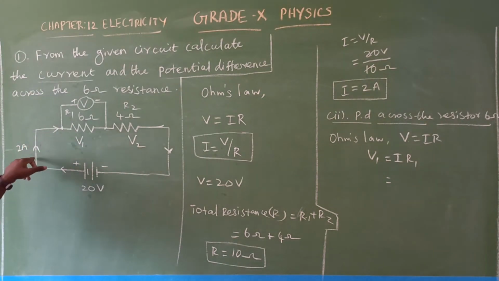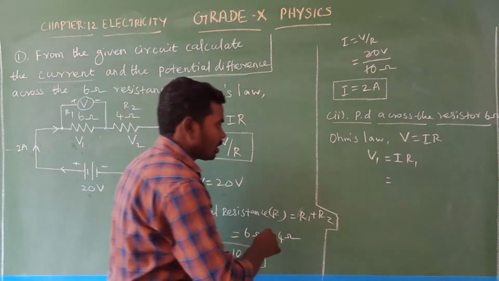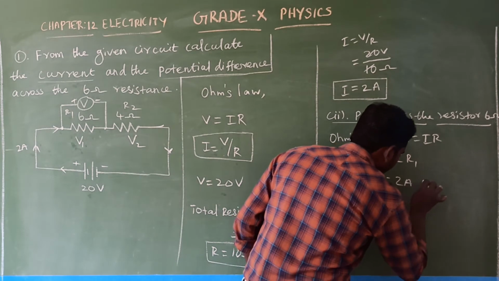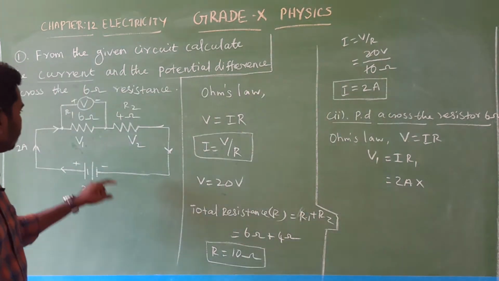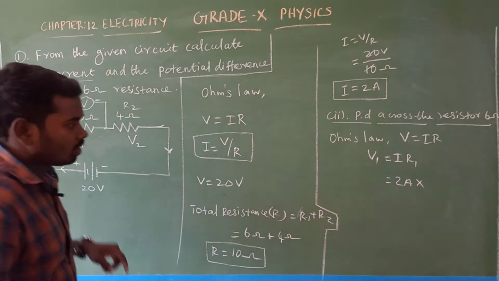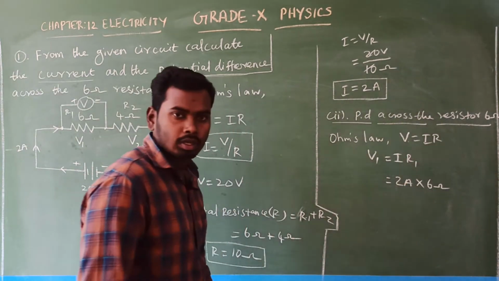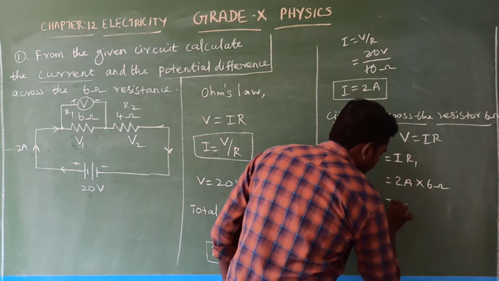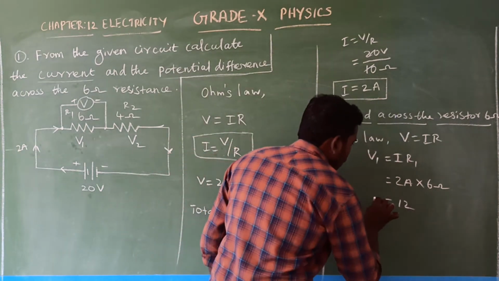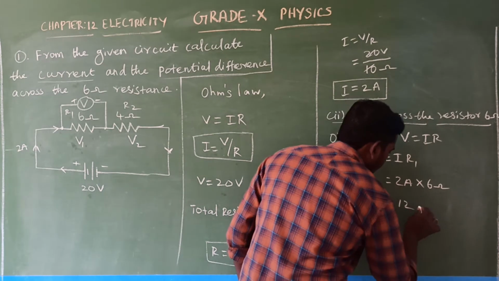Throughout the circuit, the I value remains same, that is 2 ampere. Substitute here: V1 equal to 2 ampere into resistance value 6 ohm. Is it clear? Yes. So 2 into 6 equals 12. Ampere into ohm is what? Volt.